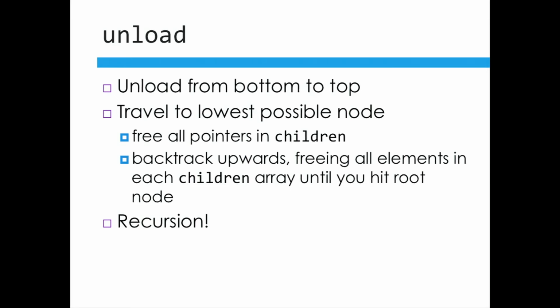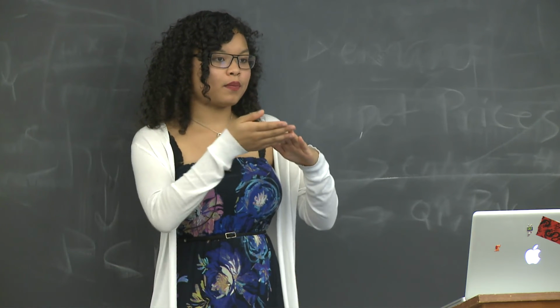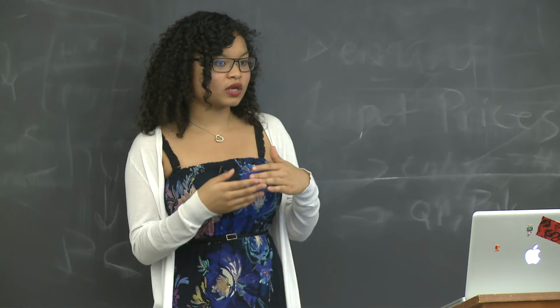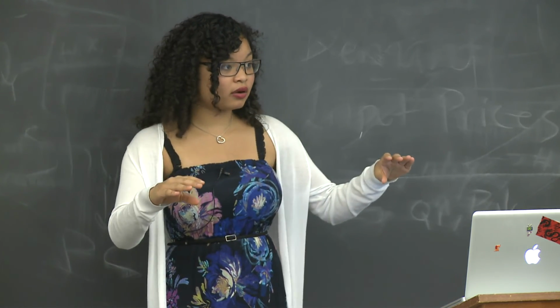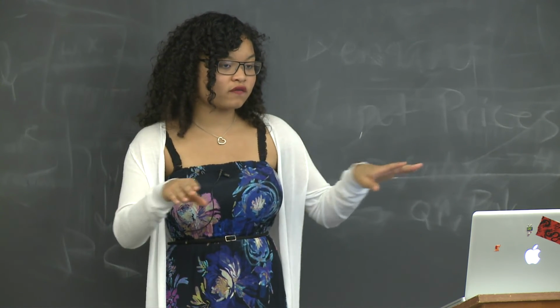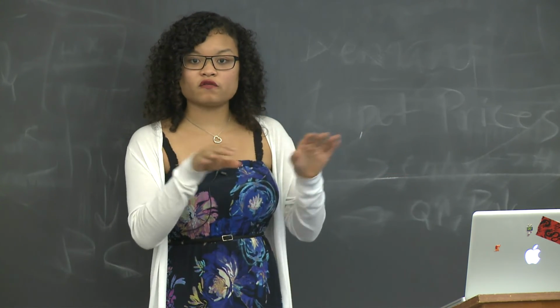So what you're going to want to do if you're working with a tree is travel to the bottom and free the lowest possible node first, and then go up to all of those children and free those, go up, and then free, etc. So kind of like dealing with the bottom layer of the trie first and then going up to the top once you've freed everything.